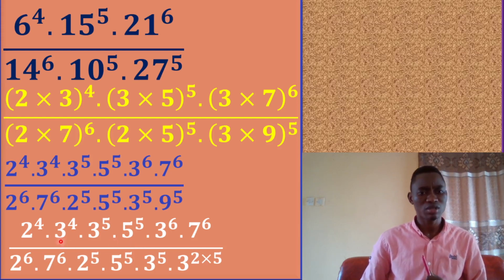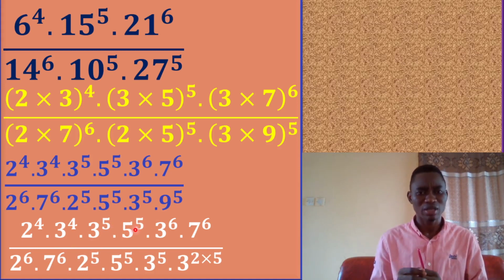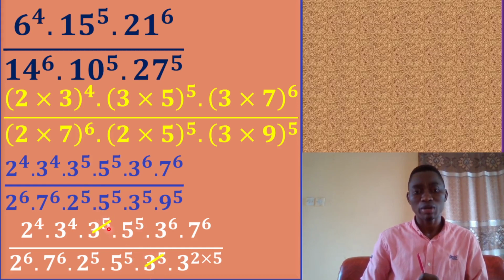Let's study this expression carefully. If you observe very well, you see that there are numbers that can possibly cancel out. 3 power 5 and 3 power 5 can actually cancel out. 3 power 5 up, 3 power 5 down, they can go.